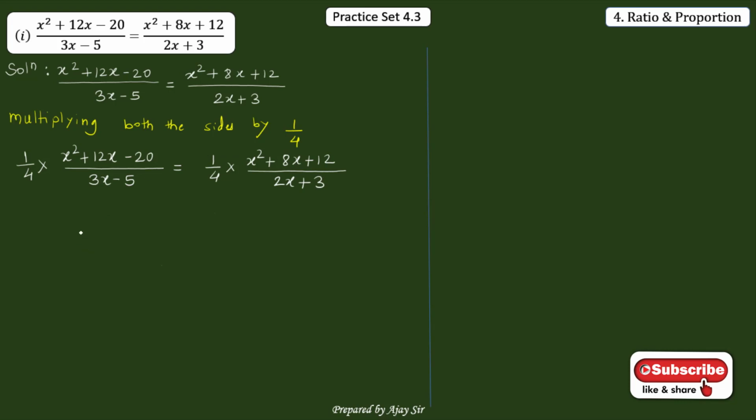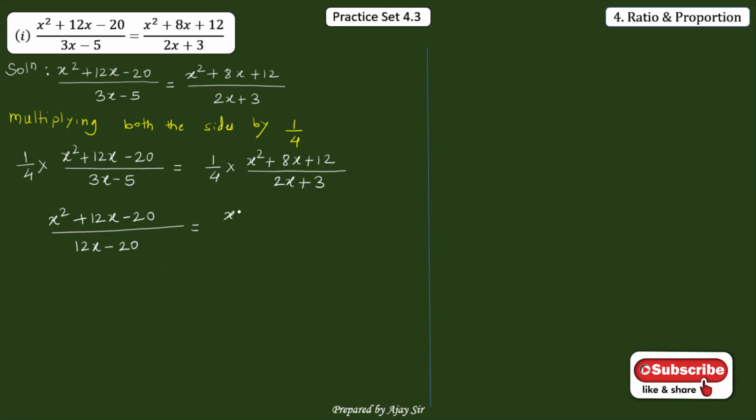So after multiplying by 1 by 4, the numerator we can write as it is, that is x square plus 12x minus 20, because we multiply by 1 only. Therefore the denominator is 4, you have to multiply both the terms, that is 12x minus 20, 4 into minus 5, that is minus 20.